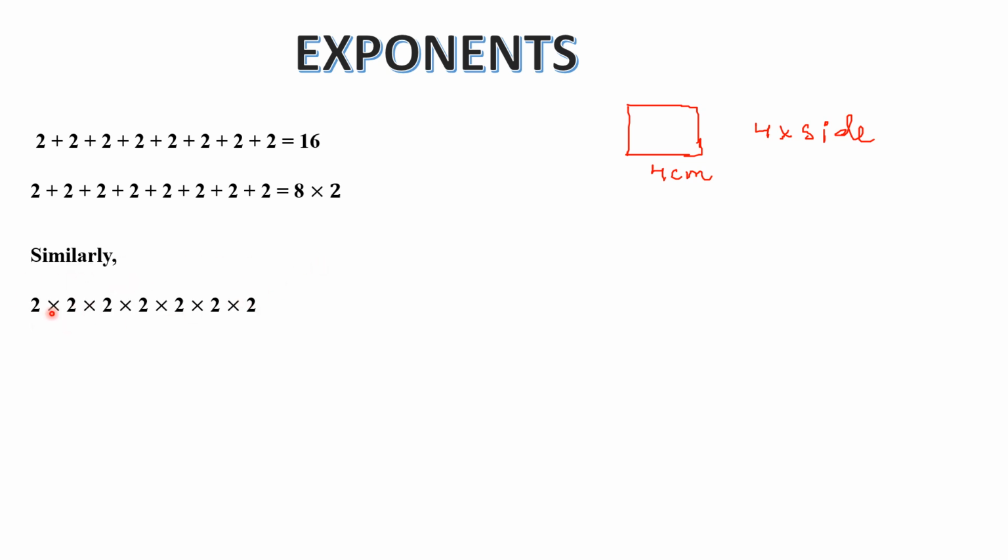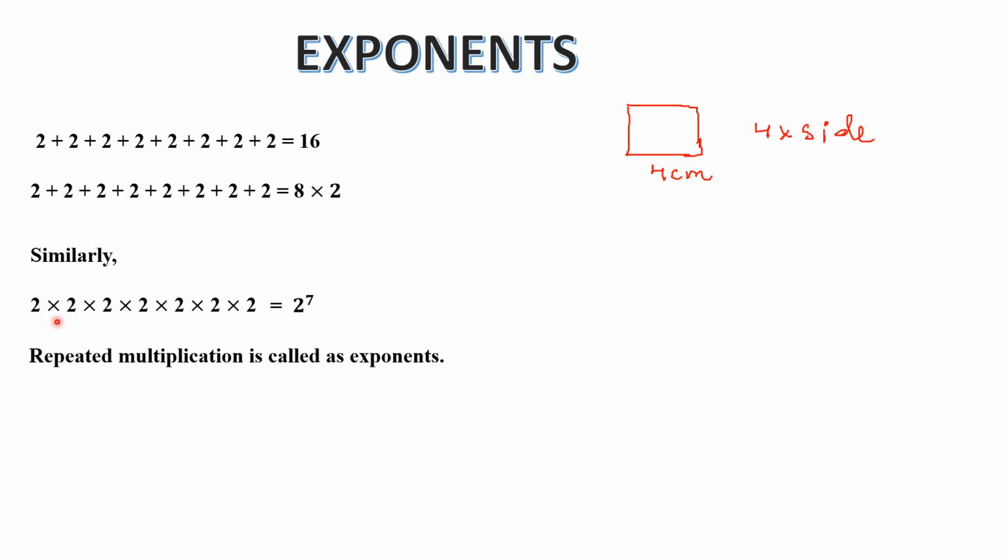Now here I am multiplying 2 by itself several times, isn't it? So here I have taken one example where I have multiplied 2 7 times. So in a shorter way, I can write it as 2 to the power 7. Okay. So like repeated addition is multiplication, same way repeated multiplication is known as exponents. This is the shorter way of representing.